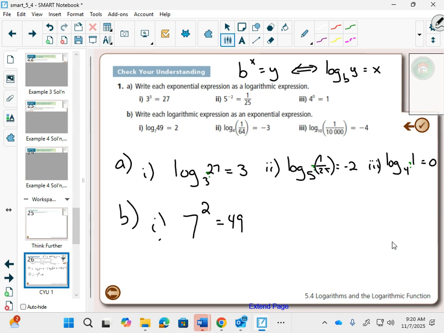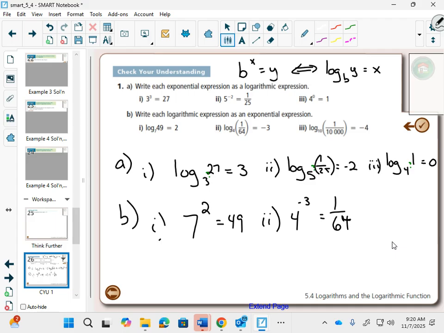Log 4 of 1 over 64, does it make sense that it's negative 3? Well, let's look at exponential form. The base would be 4. The exponent, negative 3. Negative exponent, that would be 1 over 4 cubed. And 4 cubed is 64.